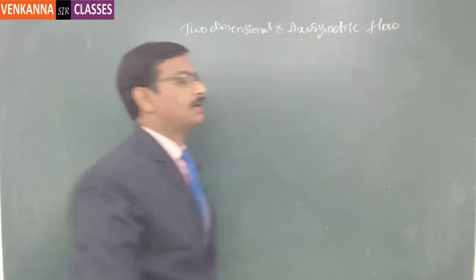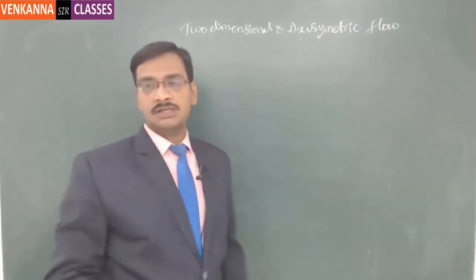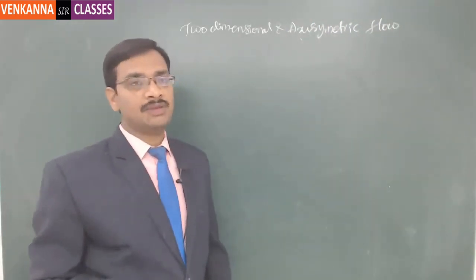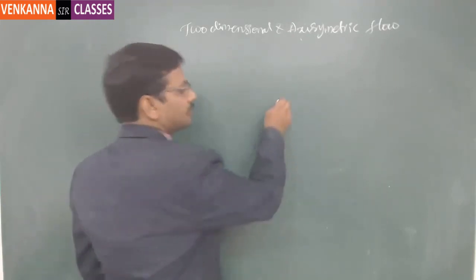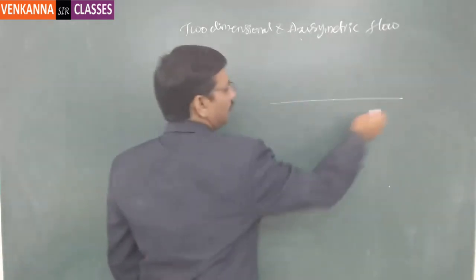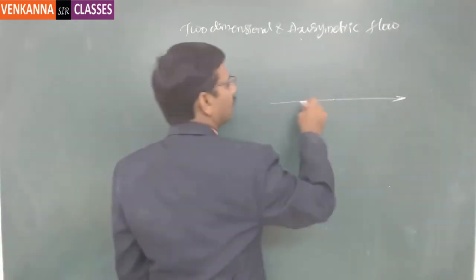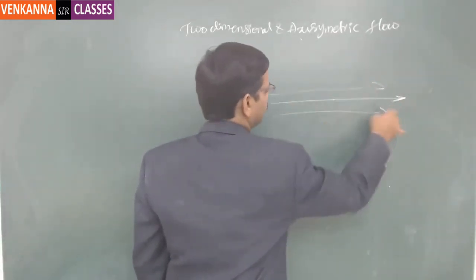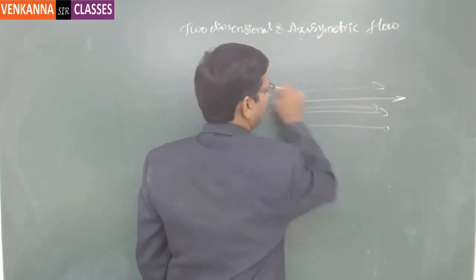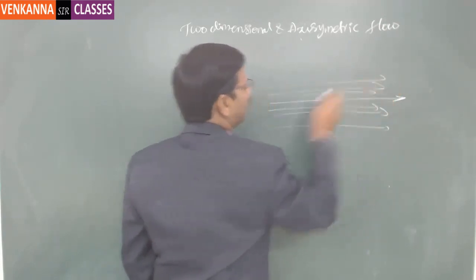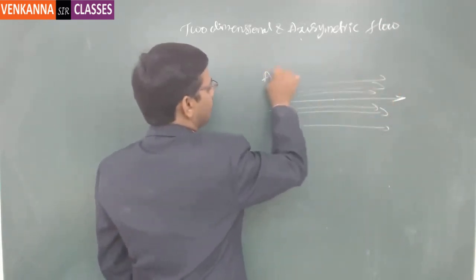By axisymmetric flow, we mean that the streamlines are exactly symmetric about a specific line. Let us say this is one line, and the streamlines are like this. This is called axisymmetric flow.